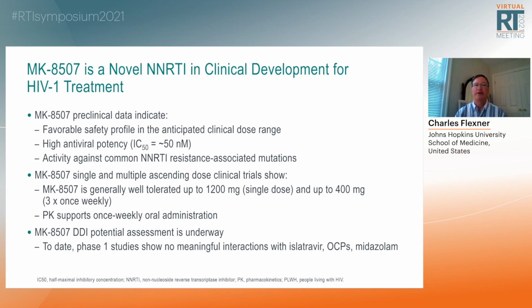Preclinical data indicate that it has a favorable safety profile, a high antiviral potency, and it retains activity against common NNRTI resistance-associated mutations. Single and multiple ascending dose clinical trials of MK-8507 show that the drug is generally well tolerated when given up to 1,200 milligrams a day, and its pharmacokinetics support once-weekly oral administration.